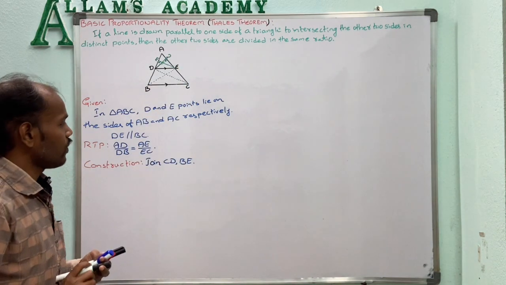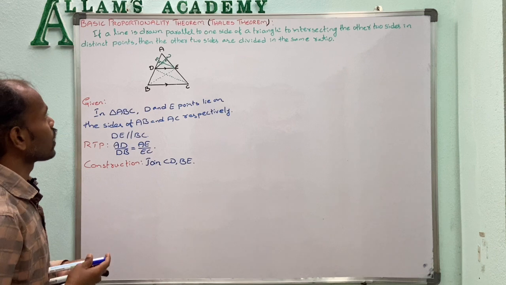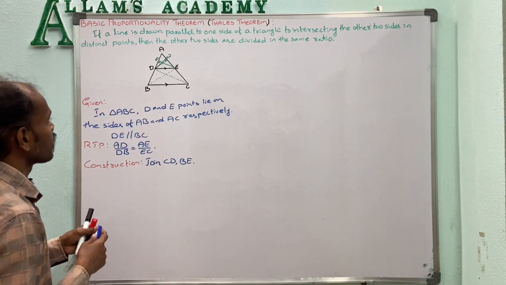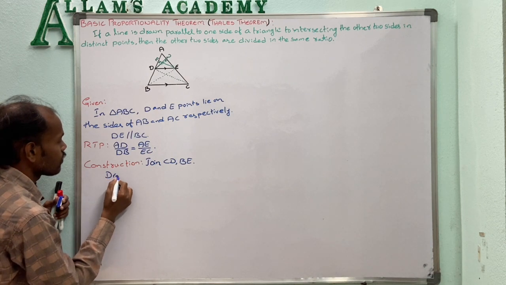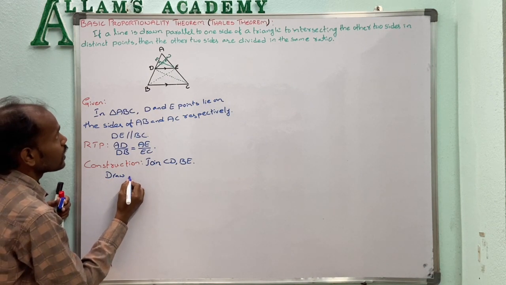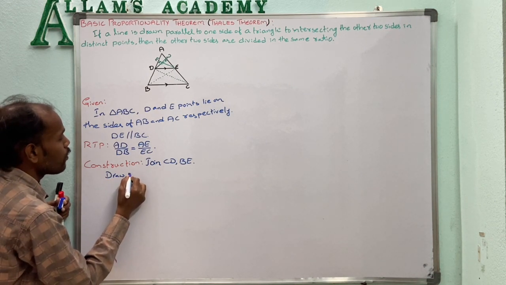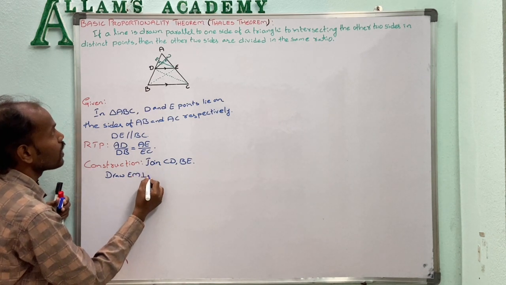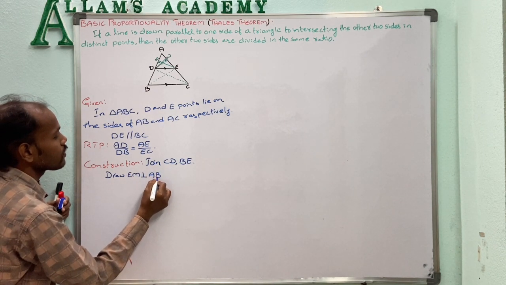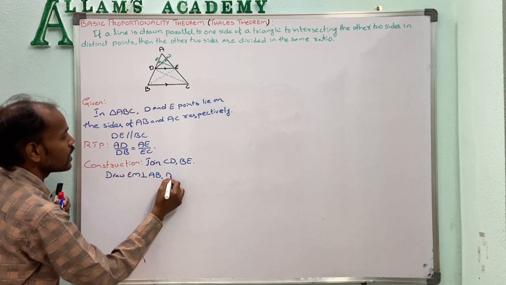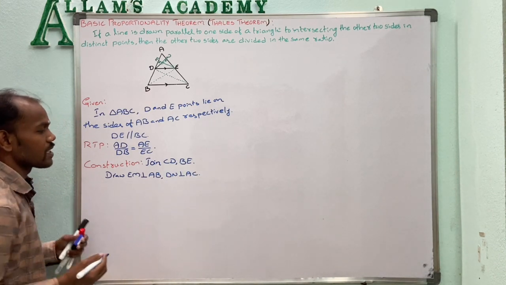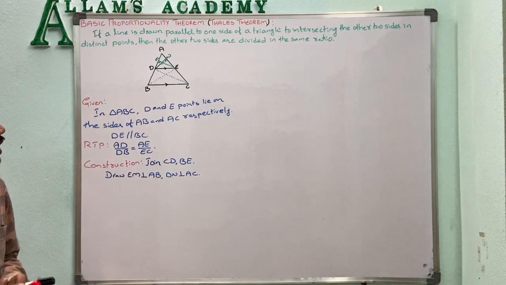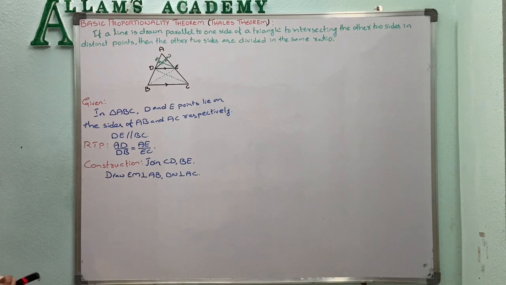So we draw EM perpendicular to AB and DN perpendicular to AC. That one we have drawn. Next we have to take the proof.